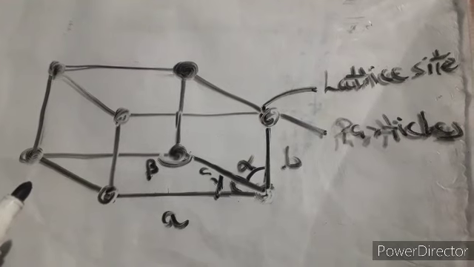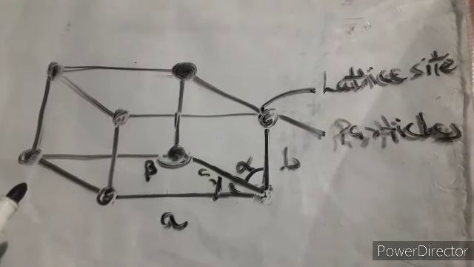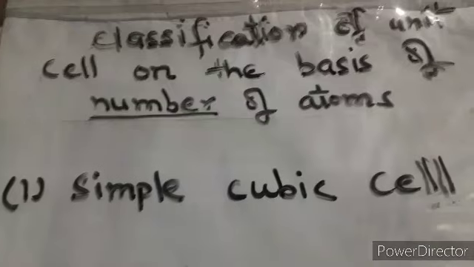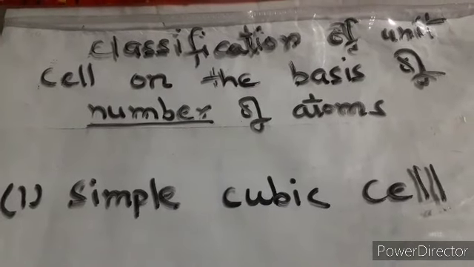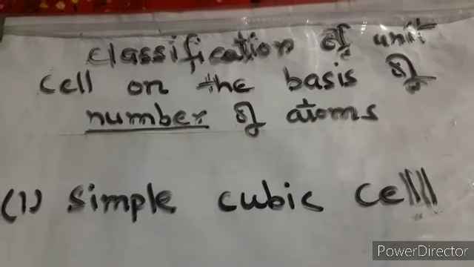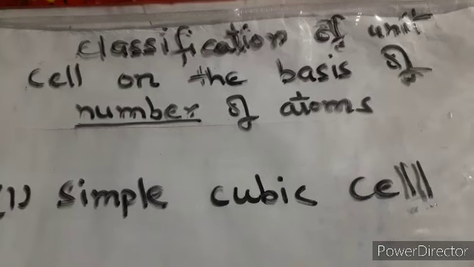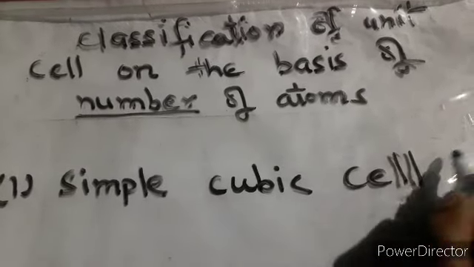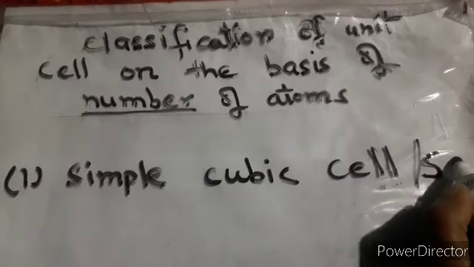Now we will focus on the types of unit cells or classifications of unit cell. We are starting with the classification of unit cell on the basis of the number of atoms, like how many atoms are there. So the first one is simple cubic cell, in short form SCC.